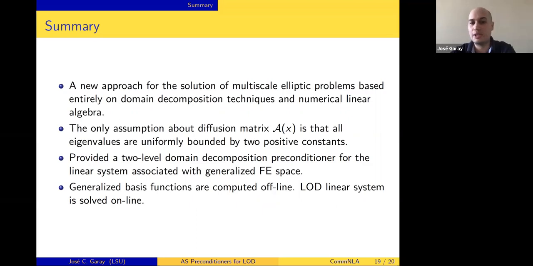We provided a two-level domain decomposition preconditioner for the linear system associated with the generalized finite element space. Just to mention one last thing, the generalized basis functions are computed offline, and then the LOD linear system is solved online. And with this, I'm done.